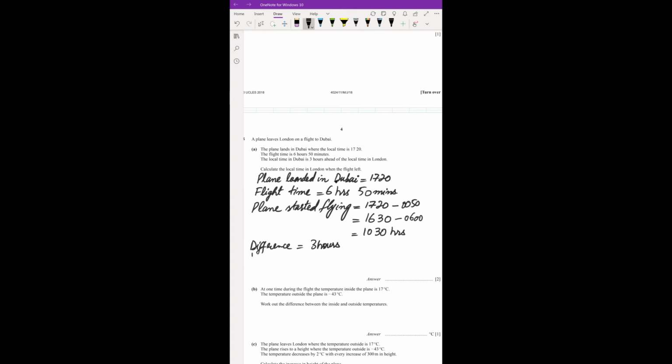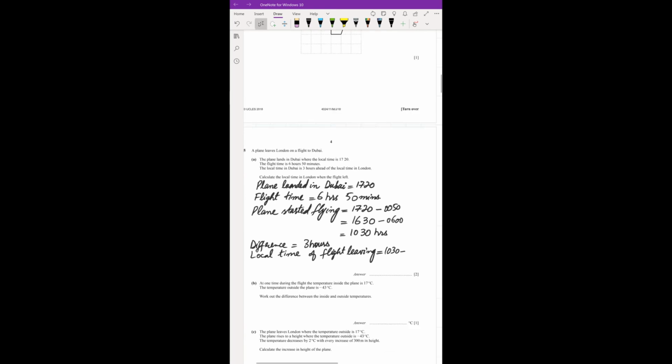In order to find the local time of the flight leaving, we will be subtracting 3 hours from this time, and the time that we get is 0730 hours. So the final answer for this question is 0730 hours was the local time in London when the flight left.